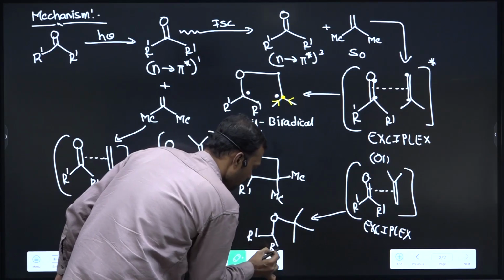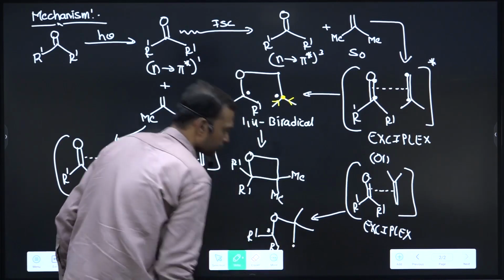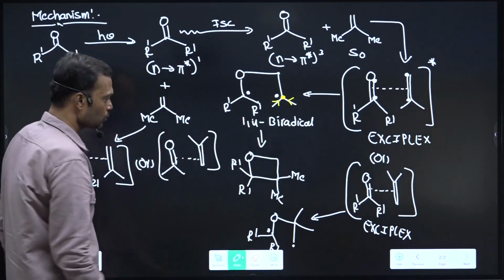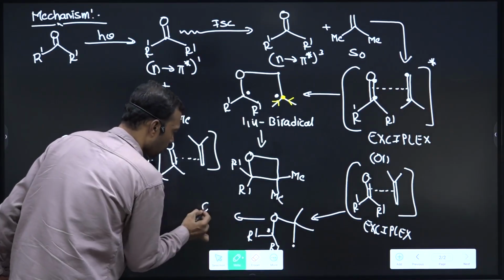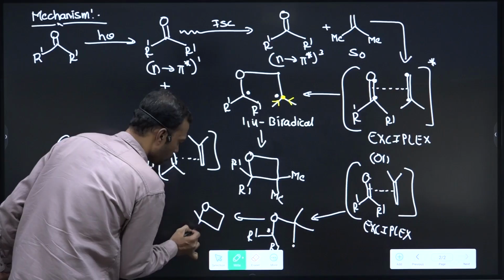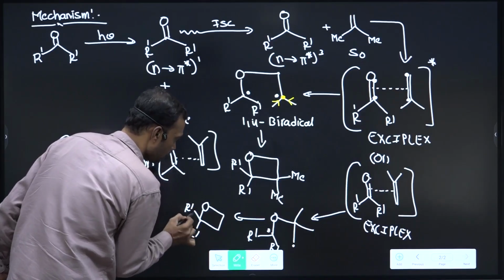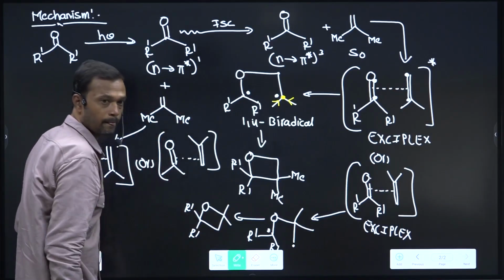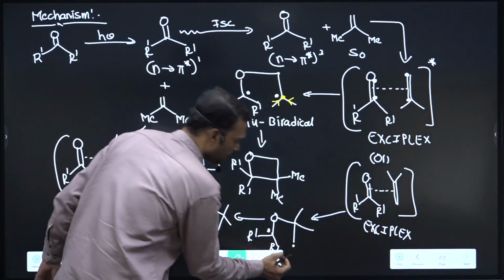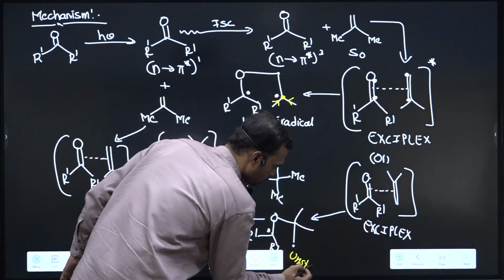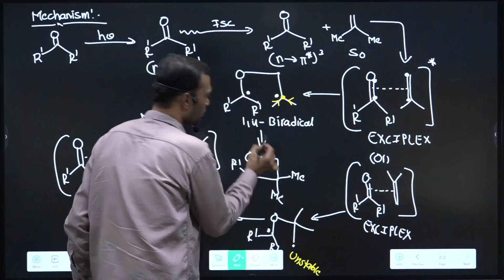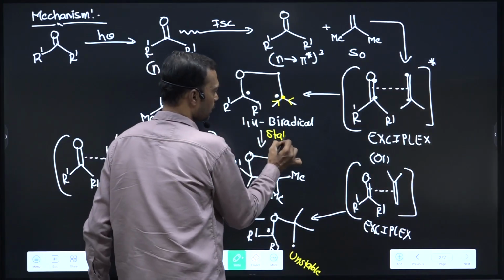So here R dash, here radical. Now these two radicals are combined together. After combining, this is R dash, here 2 methyl. Is it a stable radical or unstable? This is found to be an unstable radical, and what about this? This is a stable radical.